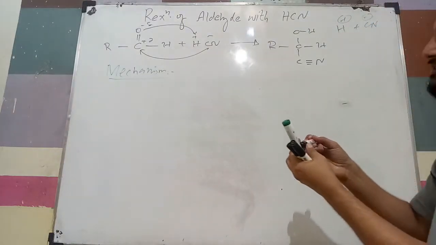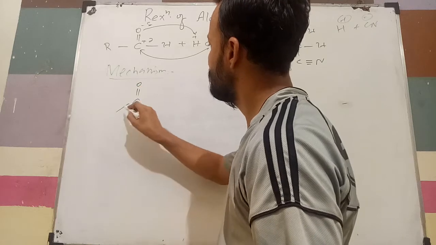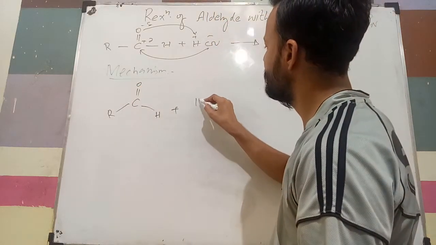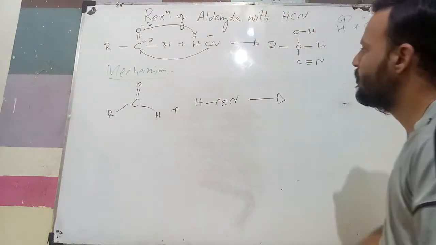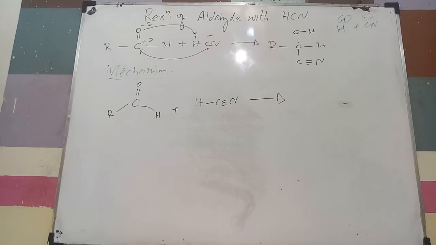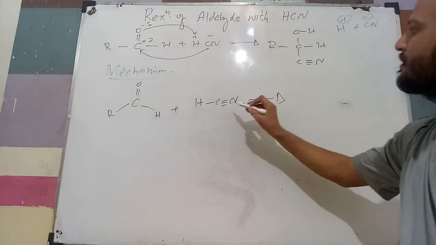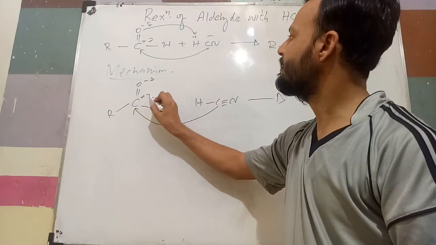Initially, we have this aldehyde R, H, reacting with H, C triple bond N, hydrogen cyanide. The negative part is CN.